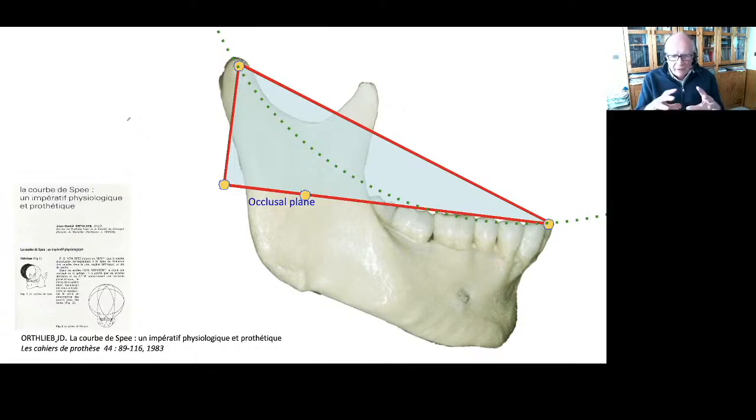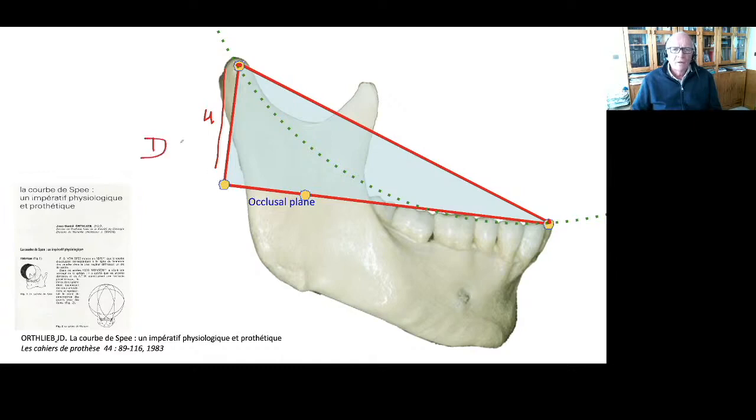It is a French paper, and with this paper we explain the reason for the curve of Spee and the relation between the radius of the curve of Spee and the morphology of the mandible. And in the morphology of the mandible, we are very interested in this triangle. The dimension between the condyle and the incisors, the height between the condyle and the prolongation of the occlusal plane.